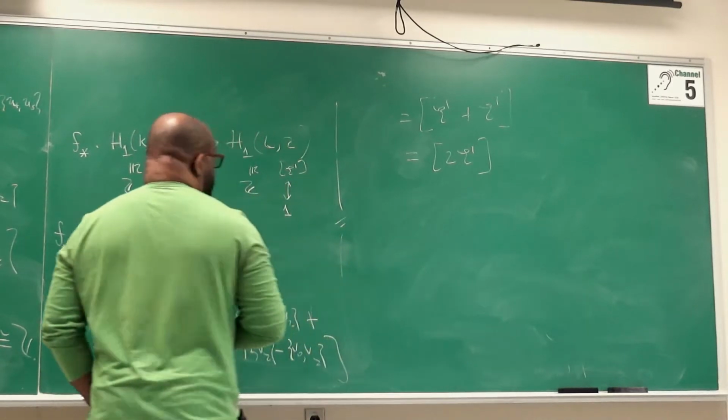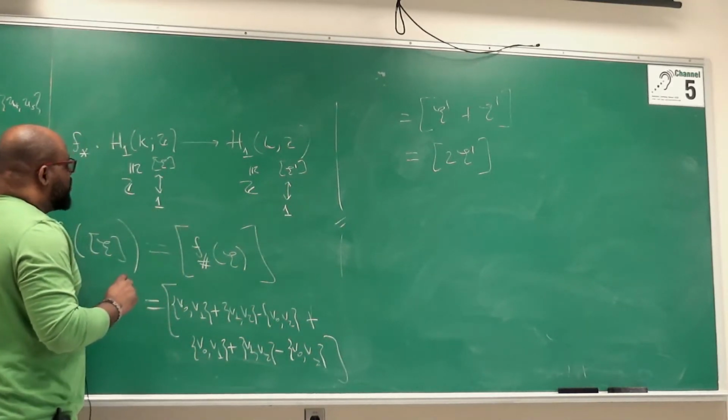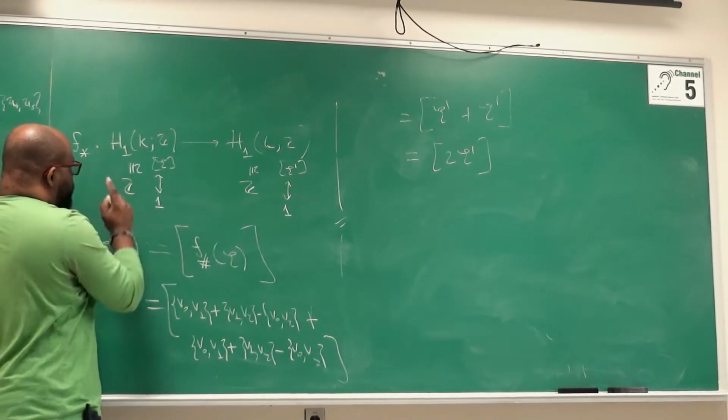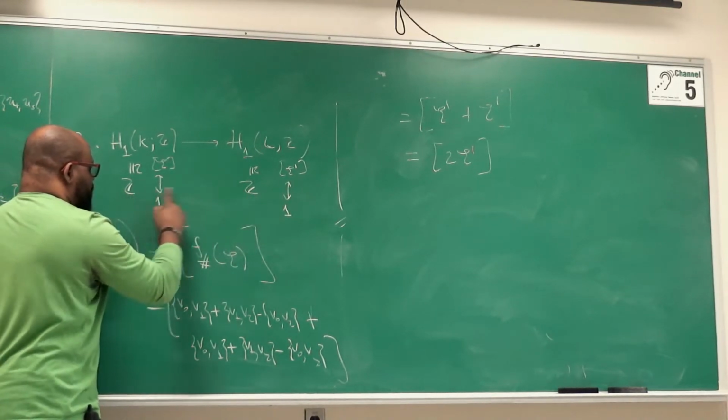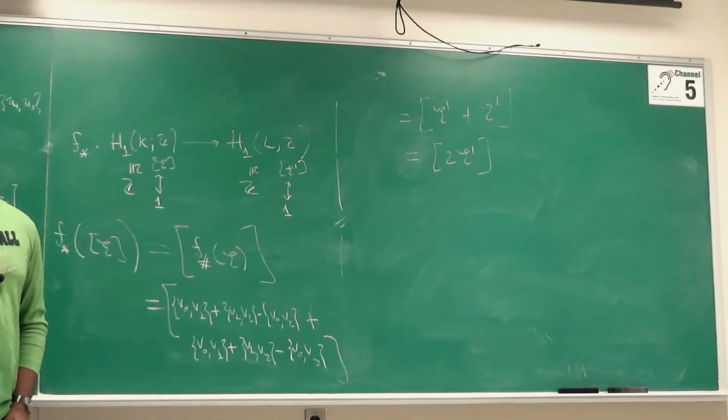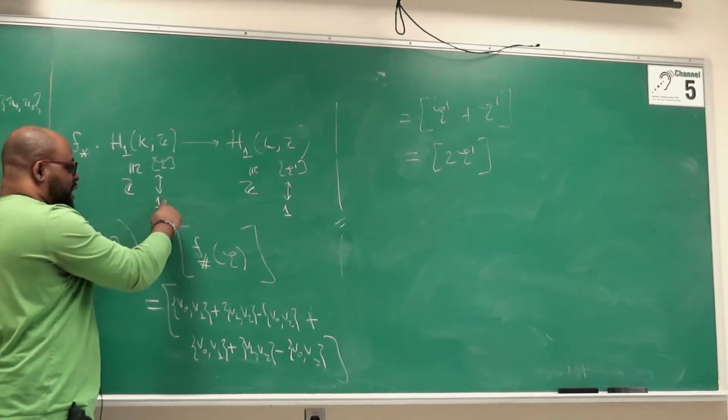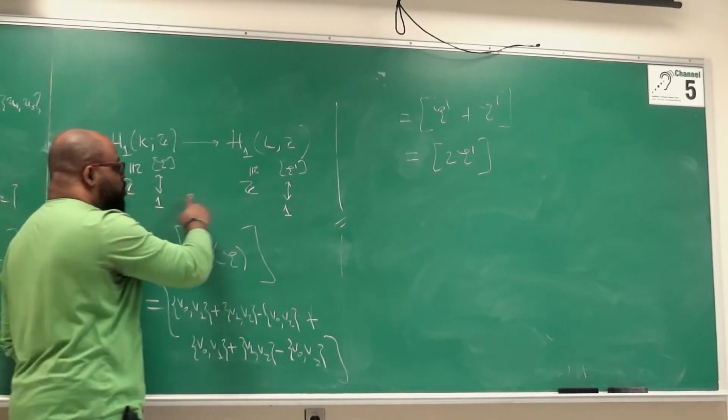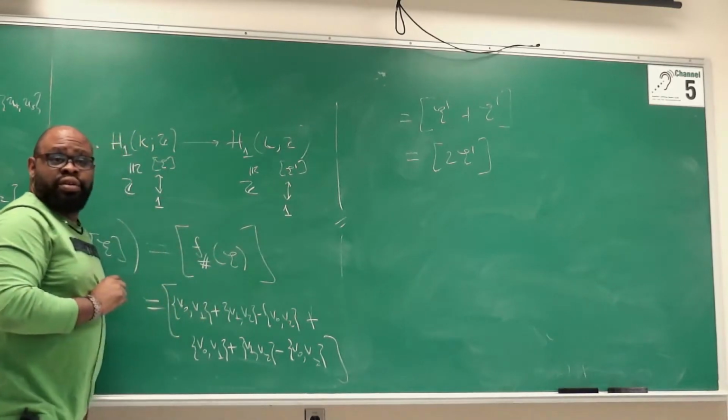So if you look at what f star looks like at the level of integers, what it's doing is sending zeta, which is 1, to 2 times zeta prime, okay?